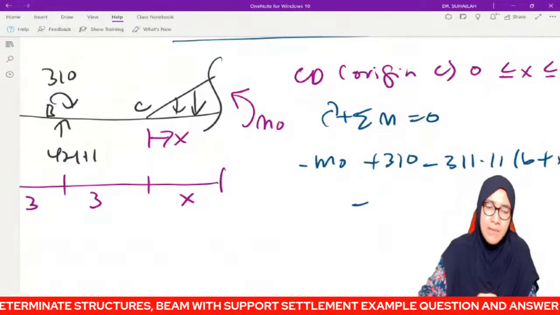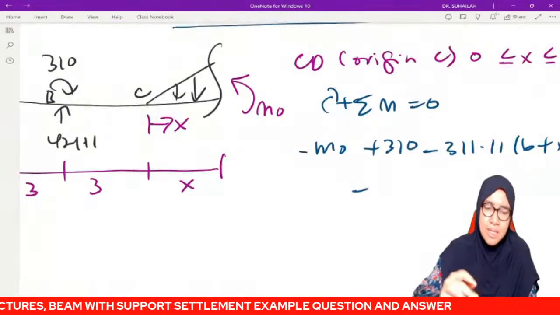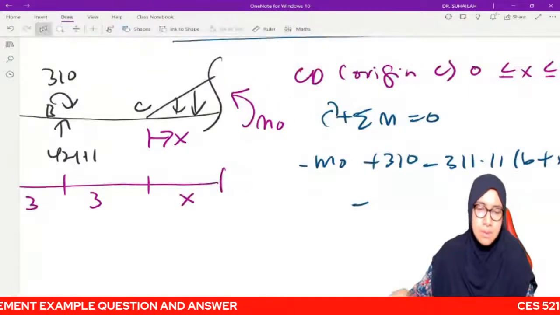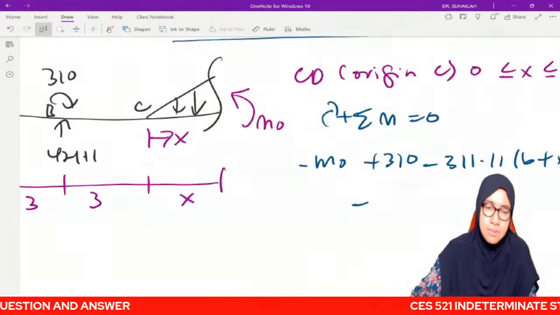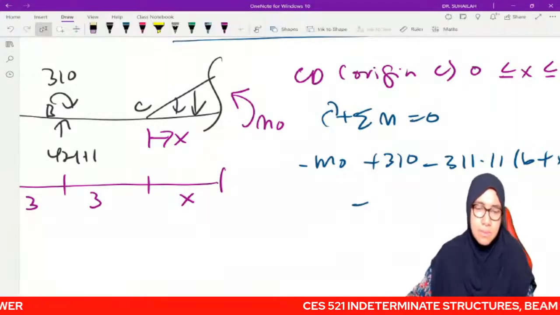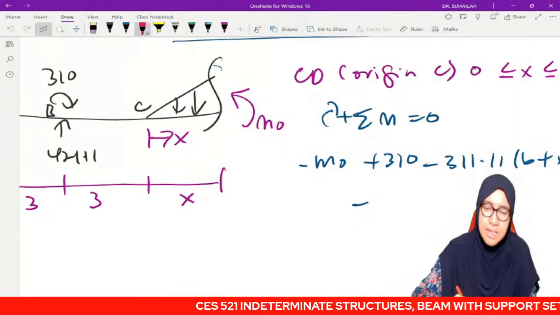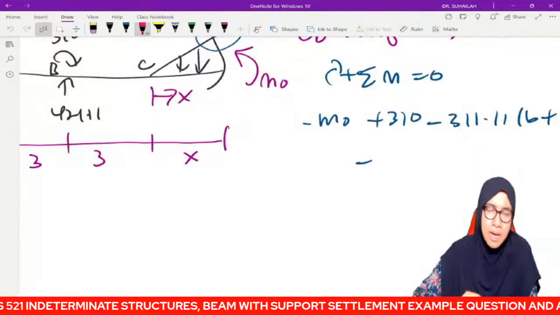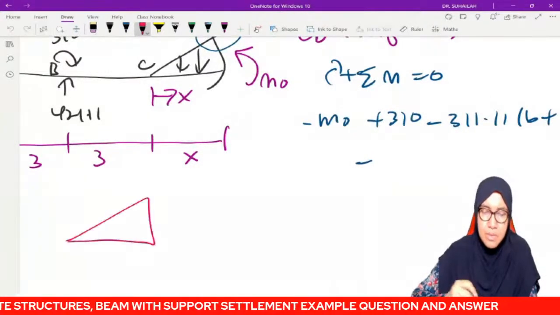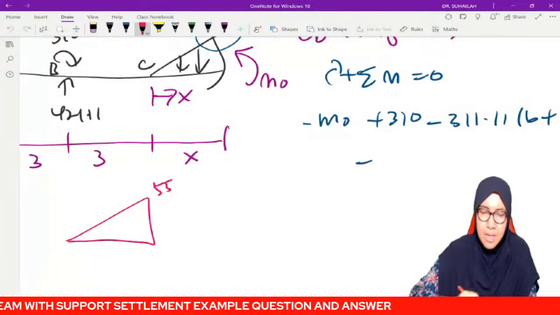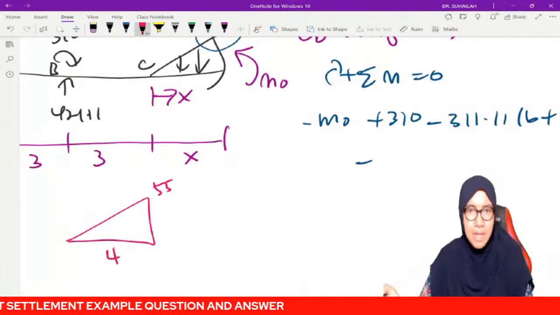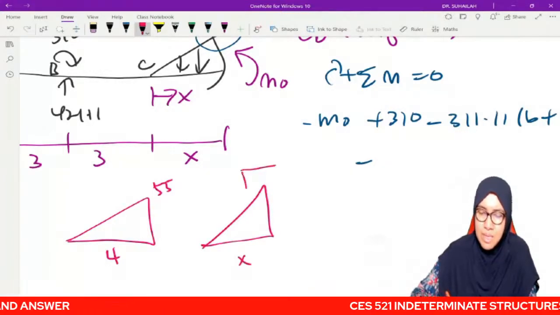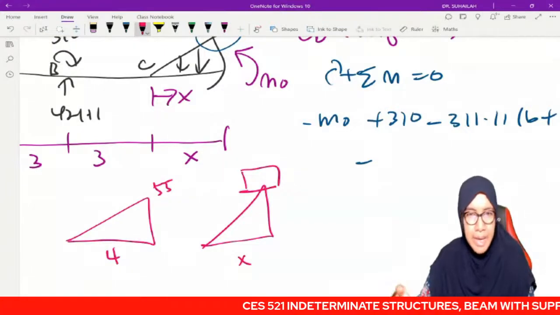We need to actually identify what is this value. Using interpolation, this is 55 and this is 4 meter. If this is x, what is this value in terms of x?